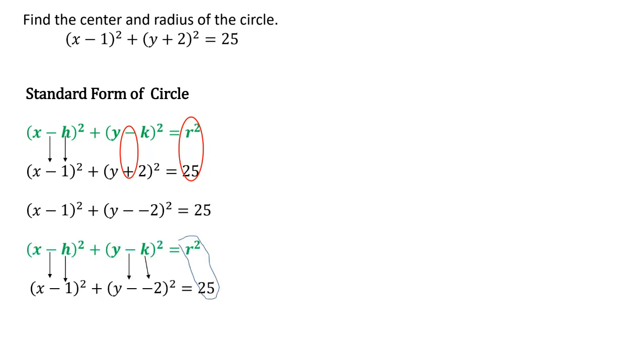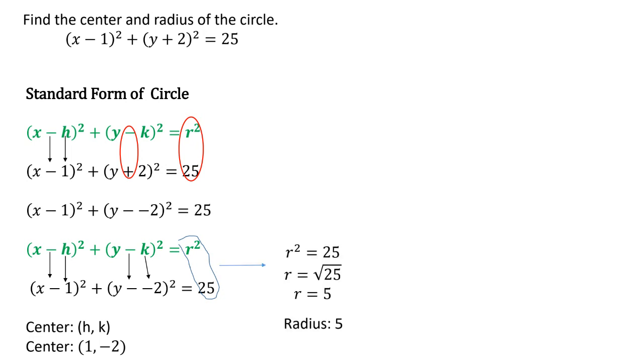And here you could see just what I explained, that our h value was a positive 1, the k value was a negative 2, and if we wanted the radius, they're not asking us for the radius, but we would take the square root of 25. But here, our center is 1, negative 2, okay? And our radius is 5.